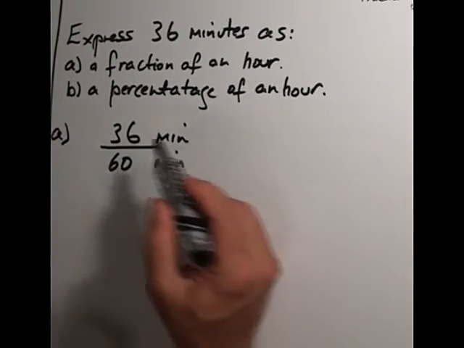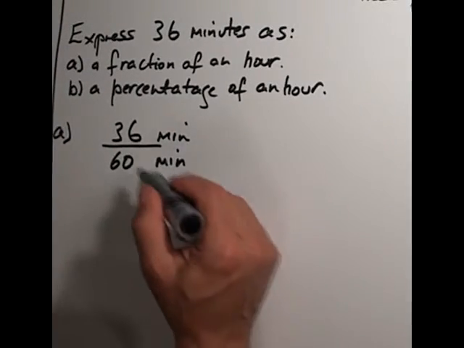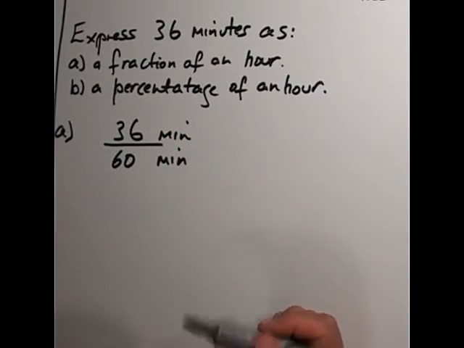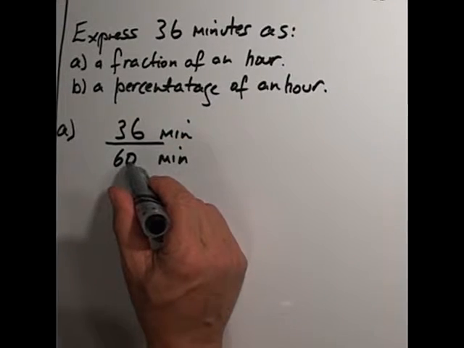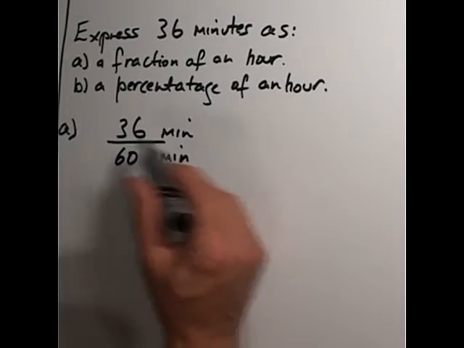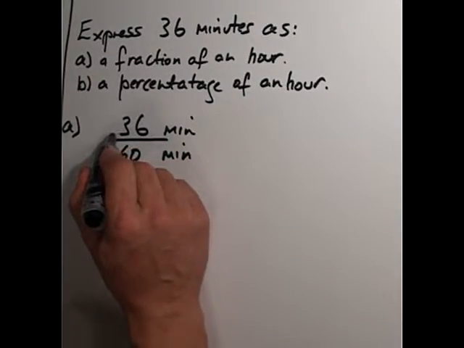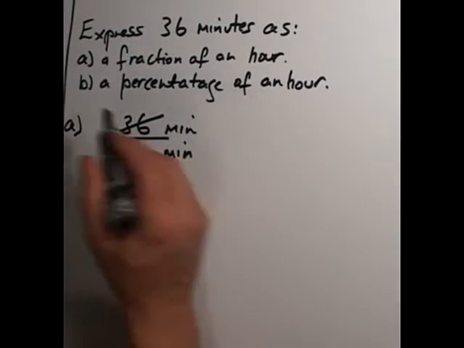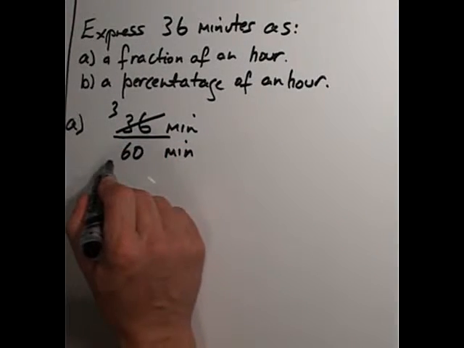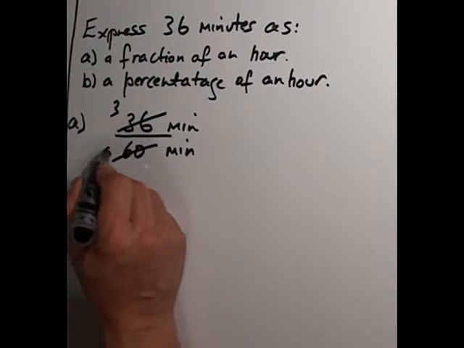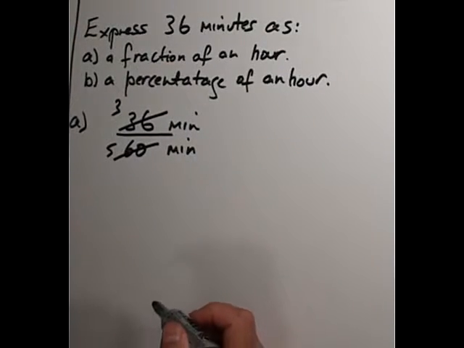But the other way is I know that 12 times 3 is 36 and 12 times 5 is 60. So that means 12 goes into both the top and the bottom. So I can cancel: 12 into 36 goes 3 times, 12 into 60 goes 5 times. And I can't simplify that anymore.